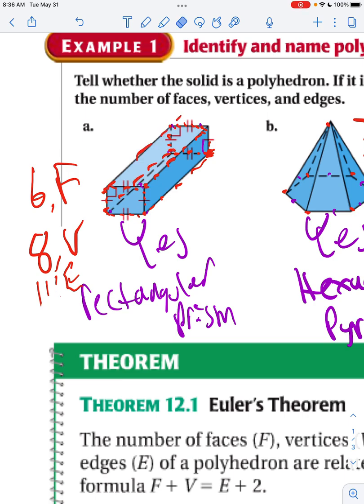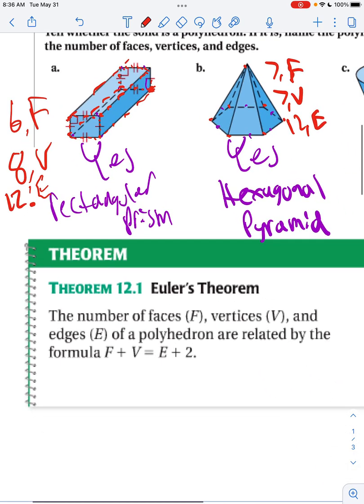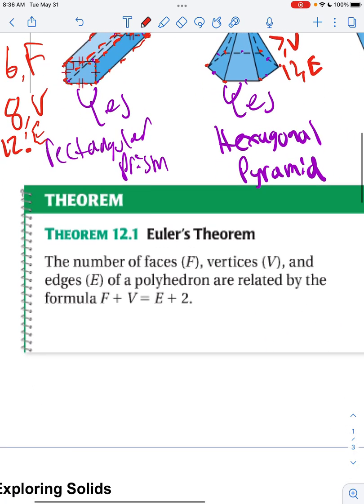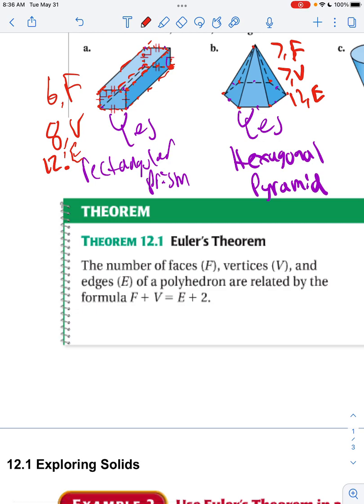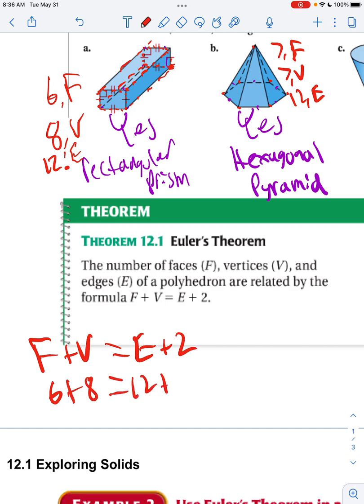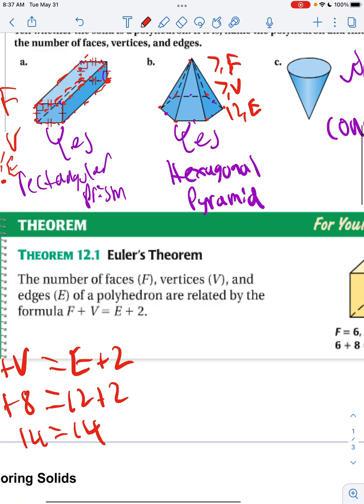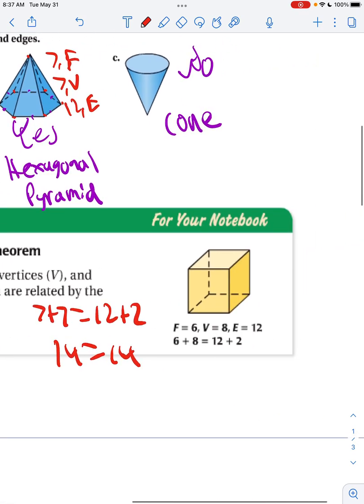So I was off by 1. I apologize for that. Okay. F plus V equals E plus 2, 6 plus 8 equals 12 plus 2, and 14 does in fact equal 14. Same over here, 7 plus 7 equals 12 plus 2, 14 equals 14.